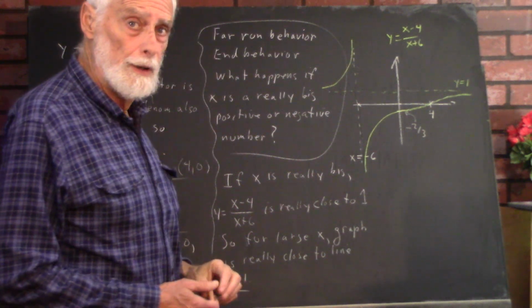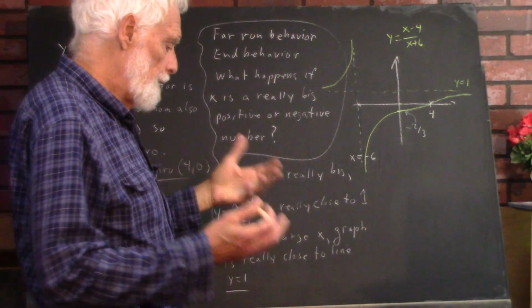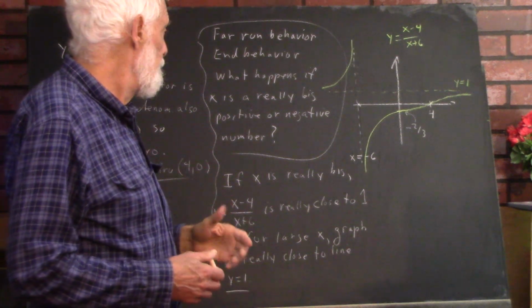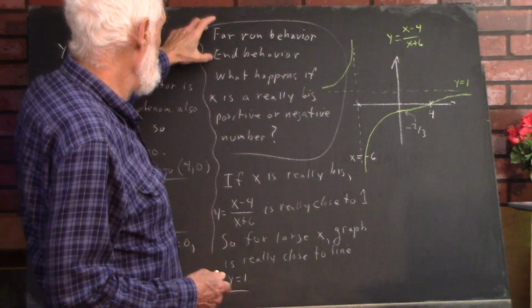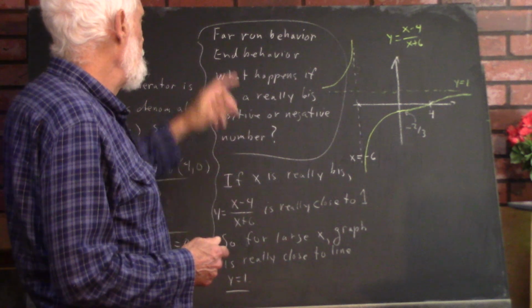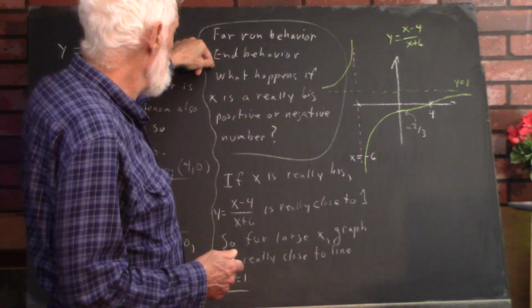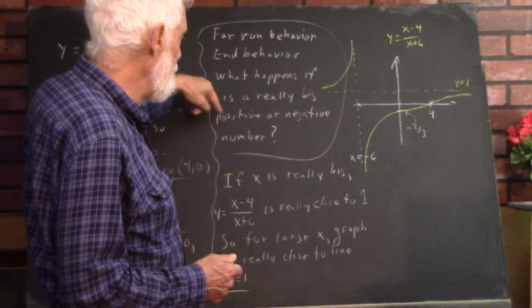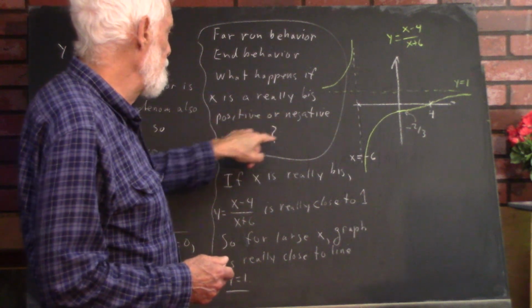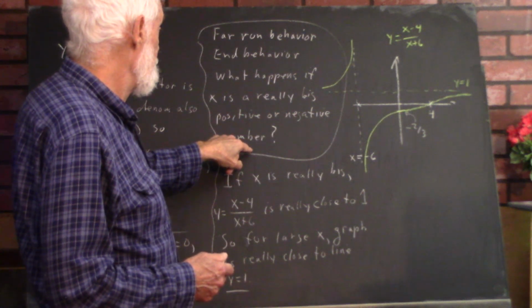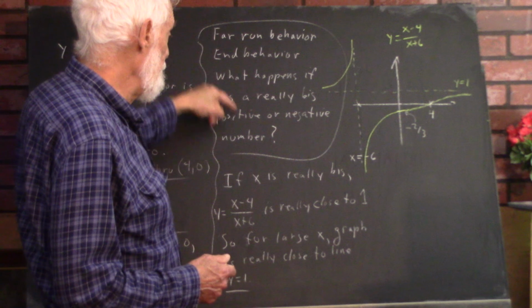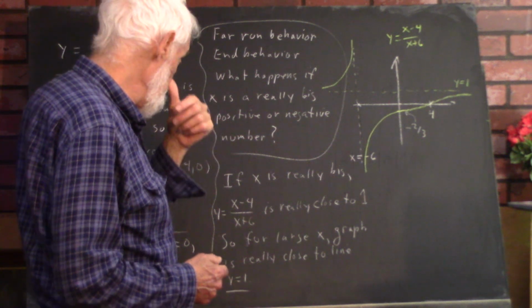I don't even know what name you've seen in your problems, but it's probably one of these two. Whatever it's called, it's what happens if x is really big, a really big positive or negative number.